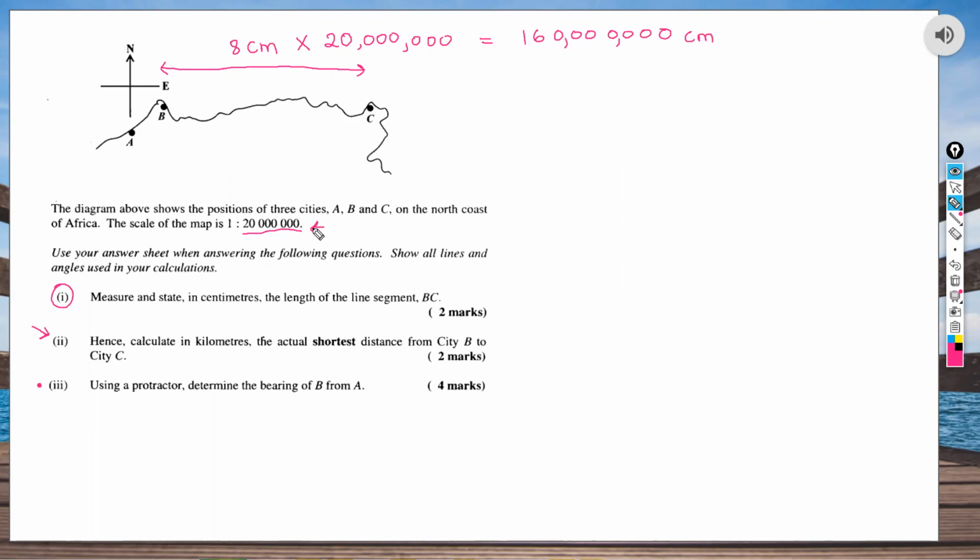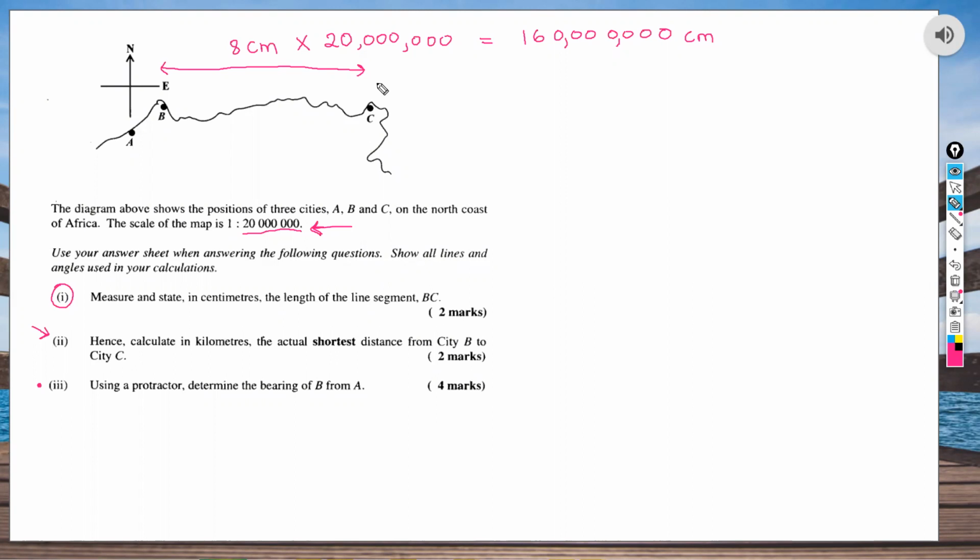I don't know if you all recall this from last term, right? Whenever you multiply or divide something by the scale, if you take centimeters and multiply by the scale, it comes out in centimeters. If I take inches and multiply by the scale, it comes out in inches. The moral of the story is this.